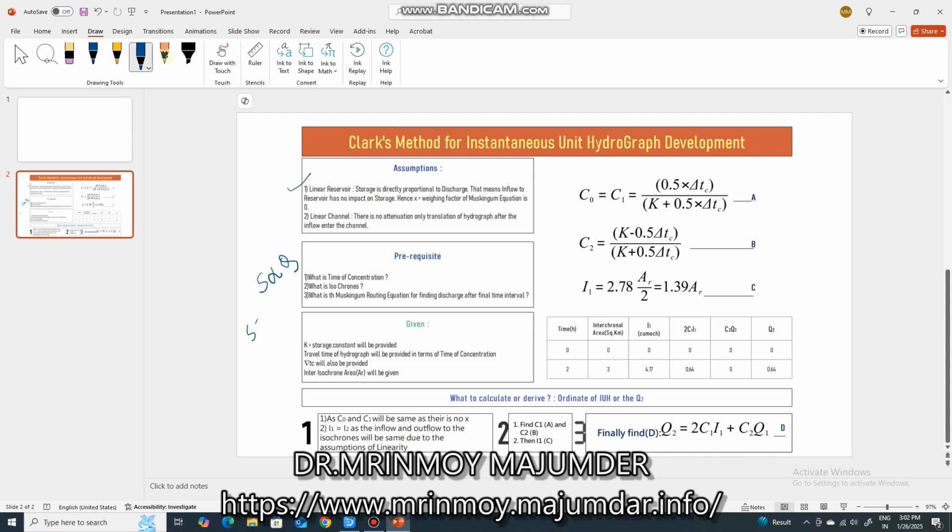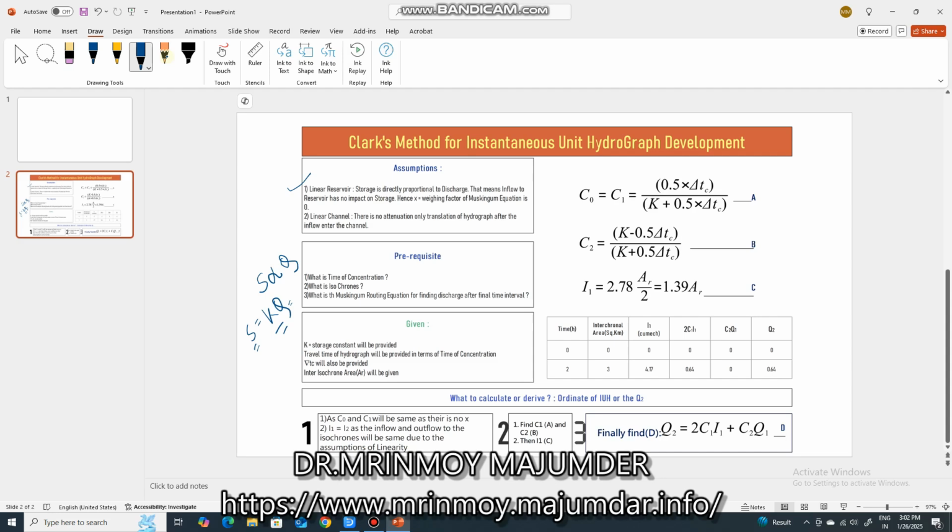That means S is KQ, where K is the storage constant. The unit of K is time, that means hourly or minute or daily. S is your storage, Q is your outflow. The meaning of that is there is no impact of inflow on the storage of the reservoir.